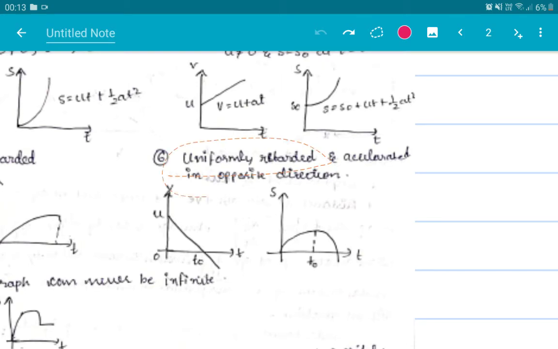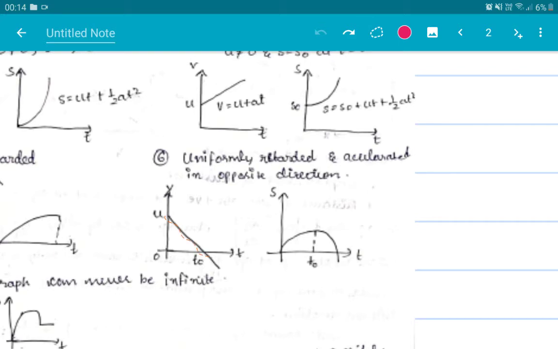Uniformly retarded and accelerated in opposite direction. See, now the body starts here. From here it moved like this, up to here. Here it is uniform, this is straight.